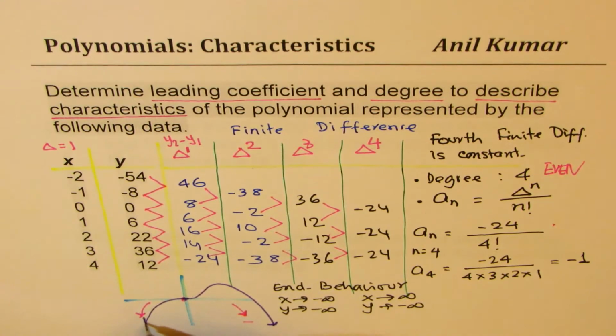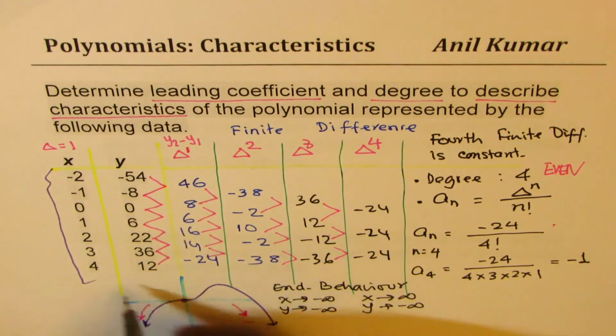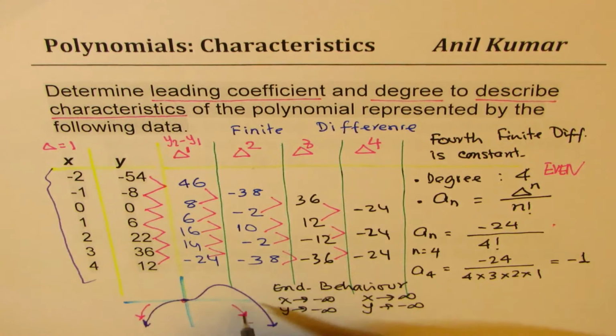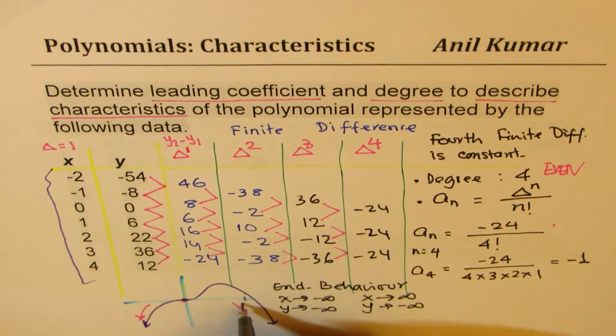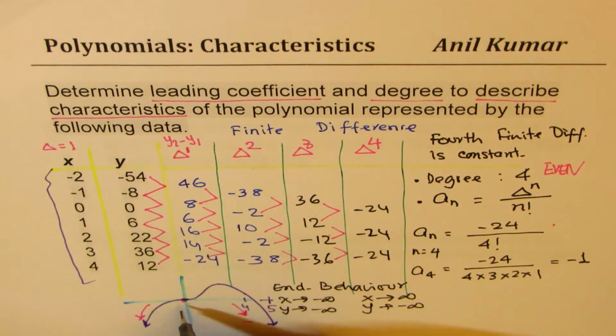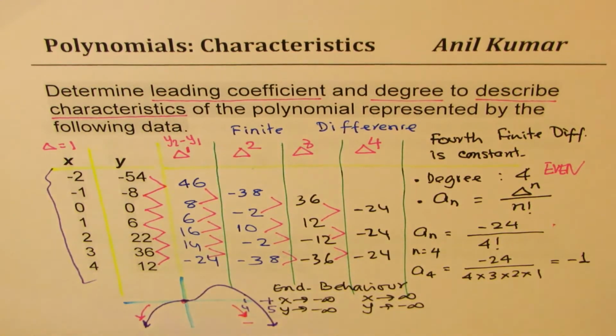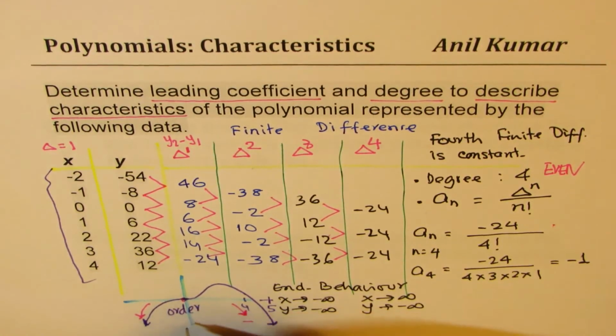That is the kind of graph represented by this function. At 4 it is 12, which means it is positive, so that zero is actually between 4 and 5. And since it is of degree 4, this seems to be a cubic zero, which is why I've shown it like this, not like a linear graph. So the order here could be 3. I'm not very sure, but it looks like it.